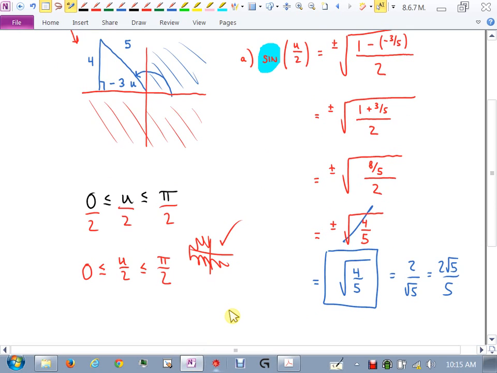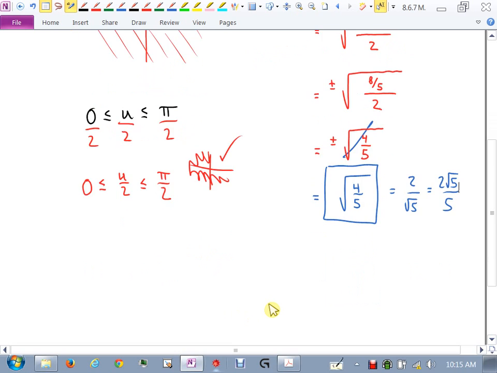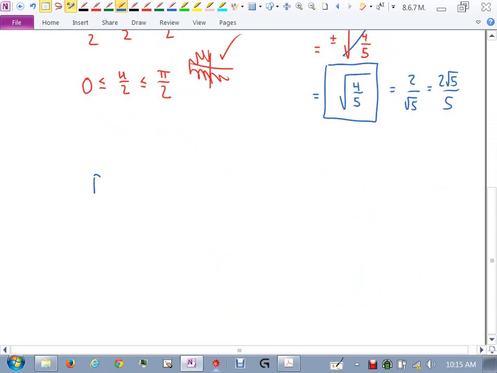All right, that is it for 8-6. Homework, page 659. I think that 7 through 17 odds, great problems right there.